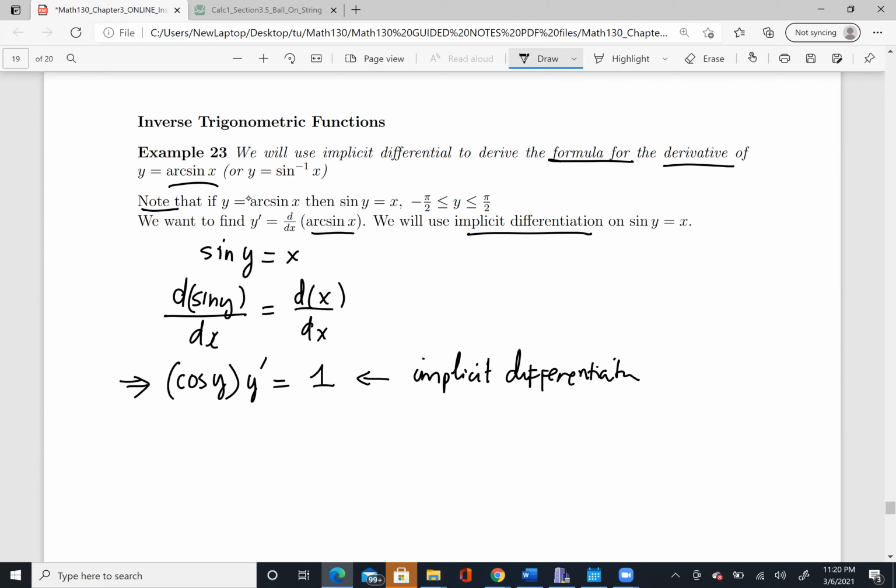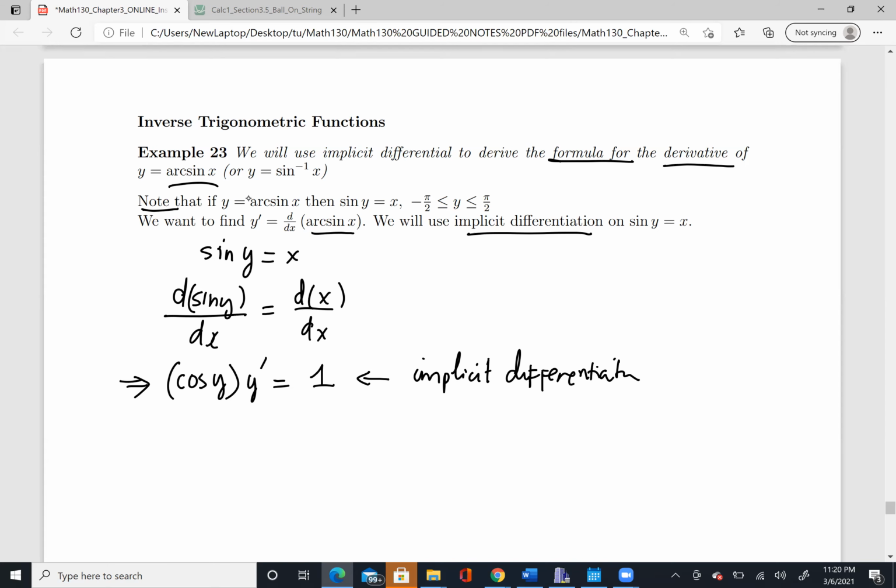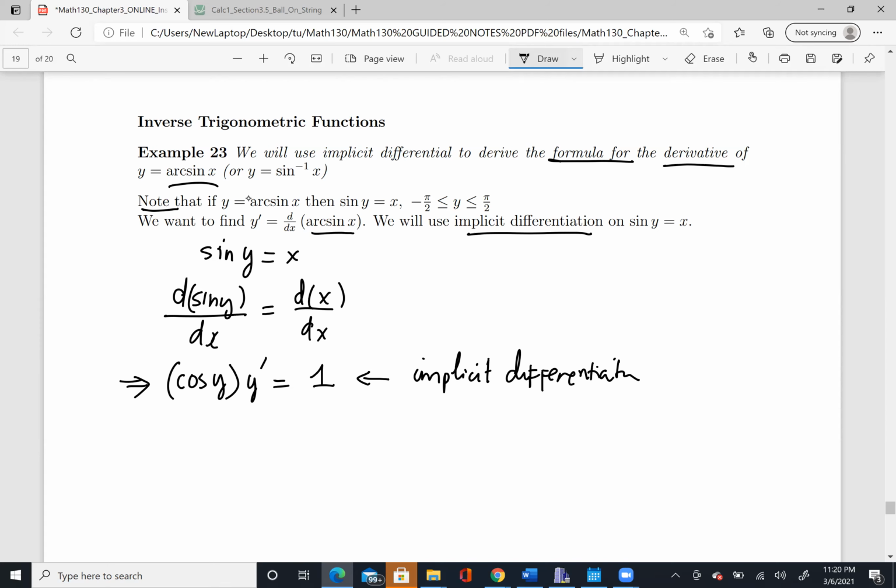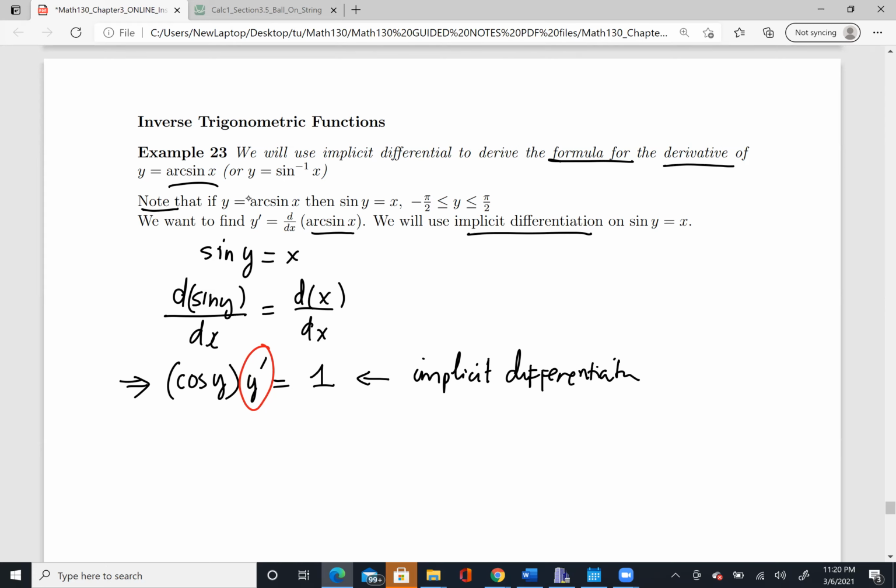So you need to isolate the y derivative alone. So divide both sides by cosine of y. You will have the y derivative equal to 1 over cosine of y.